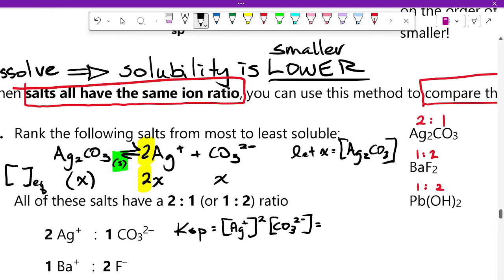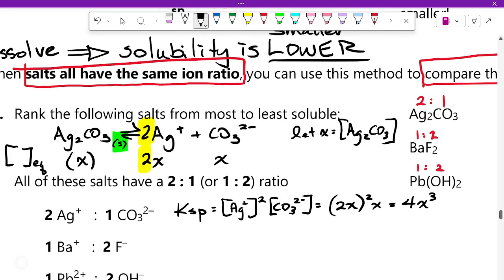If we throw our x's in there, you get 2x all squared times x, which is equal to 4x cubed. So I get 4 from 2 squared, and then I have an x squared times an x, so that's our x cubed.